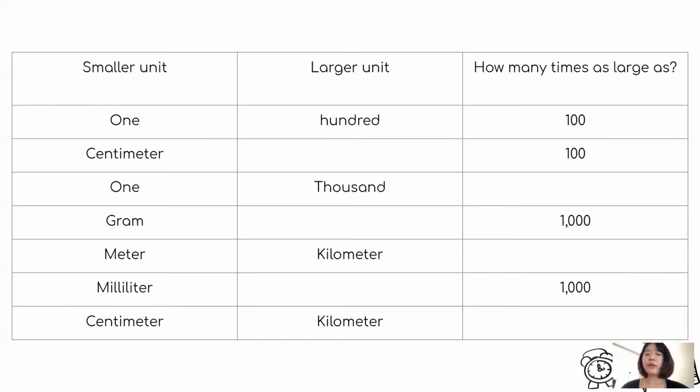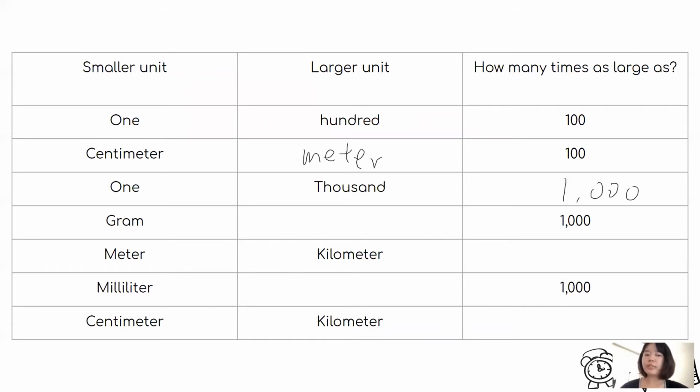Okay, so we know that 100 is 100 times as many as 1, and which unit is also 100 times as many as a centimeter? That is meter. How many times difference between 1,000 and 1? That is 1,000.